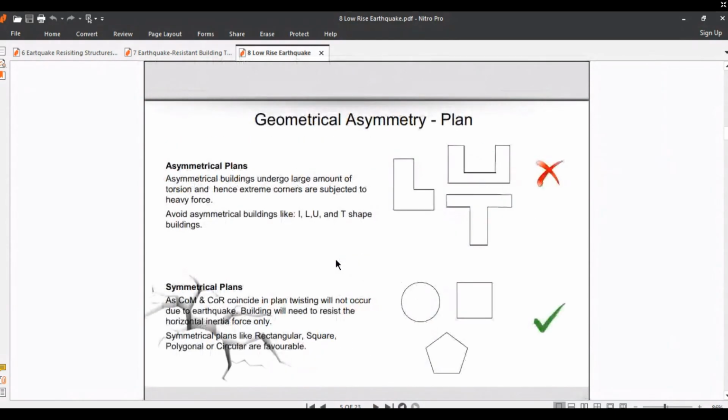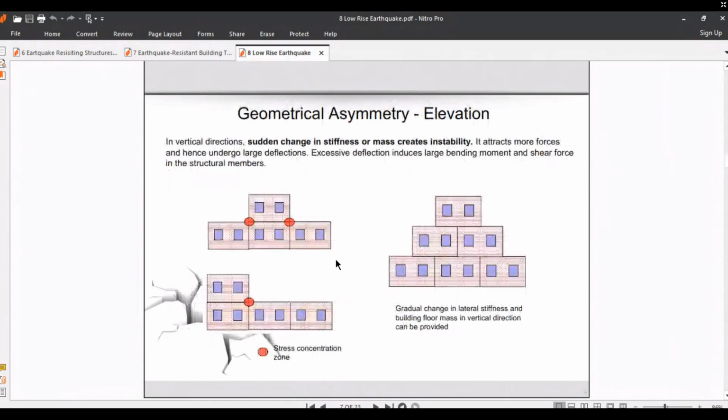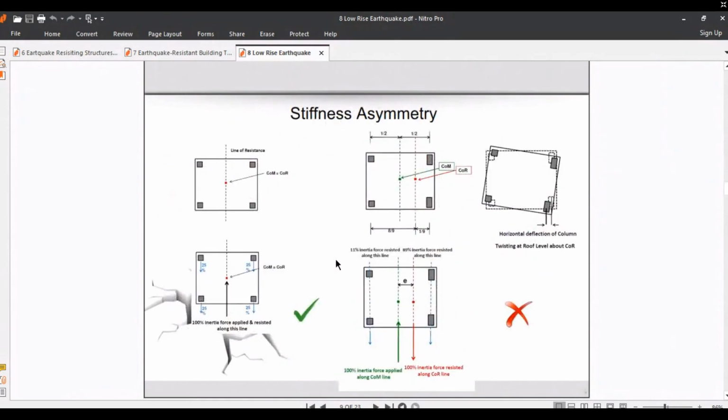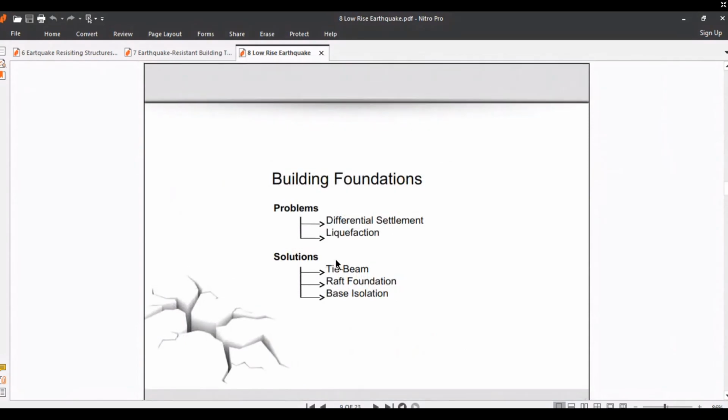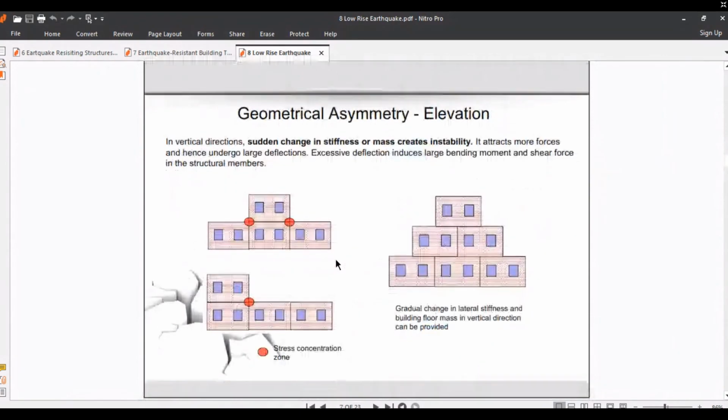We can make the building resistant through structural materials and using resistant building techniques.